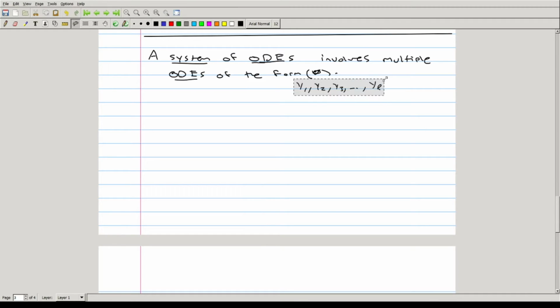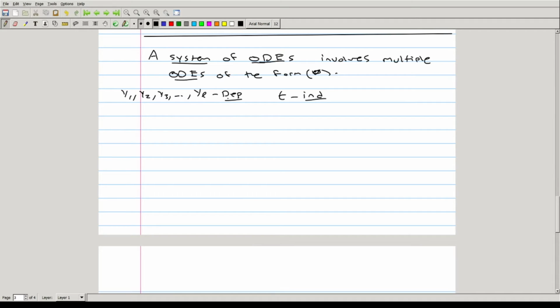These are dependent variables. And just like before, because we're dealing with ODEs, the independent variable is t. There's nothing special with the t here that I'm using. The t could very well be x or any other physical thing that we're talking about. It doesn't have to be time, but very often in applications it is time. But it's important to make that point.